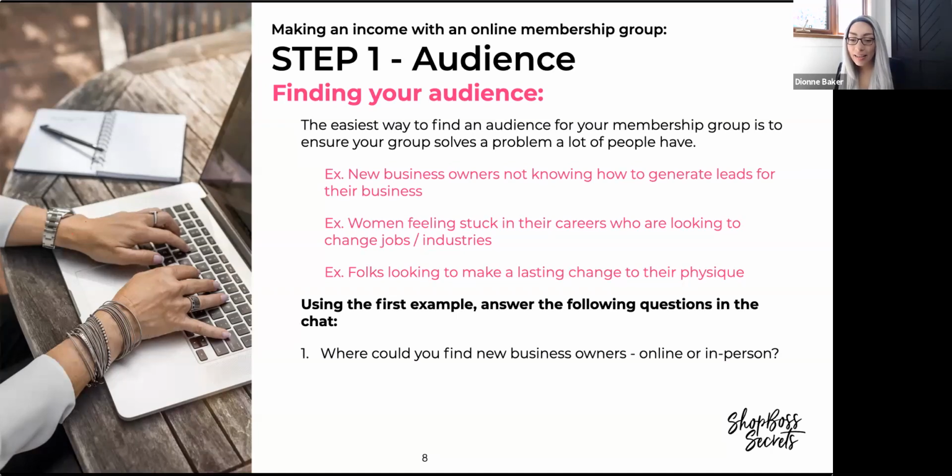Instagram, LinkedIn, Facebook groups. So yeah, these are a lot of great ways to find where people are online. Chantel says professional associations groups, that's great. Networking groups, yellow pages. Yeah, so all of these areas are where you would find new business owners online.